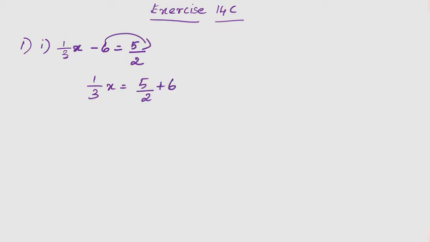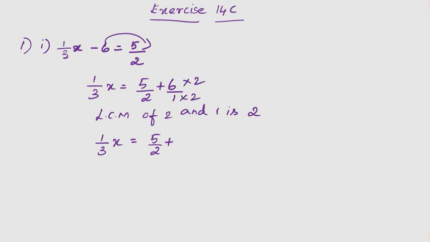So the next step, 6 is nothing but 6 divided by 1. So we'll take the LCM of 2 and 1, which is 2. So 1 by 3x is equal to 5 by 2 plus, here multiply the denominator by 2 and then the numerator by 2.